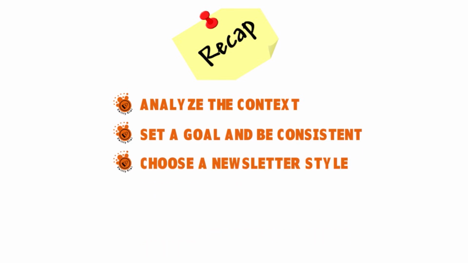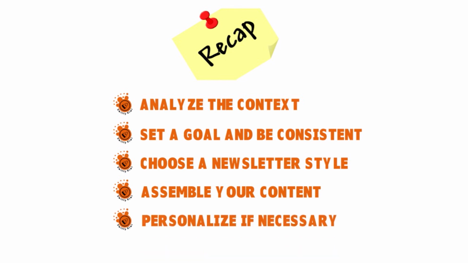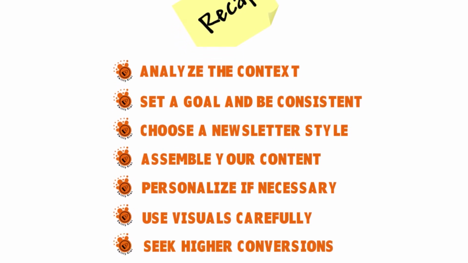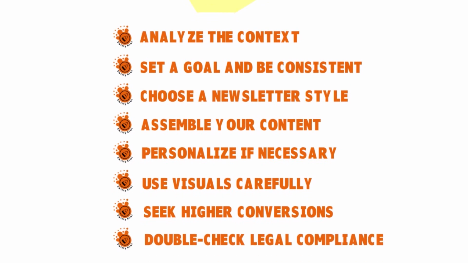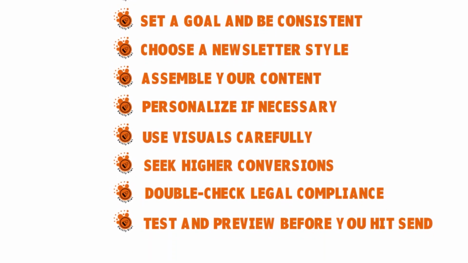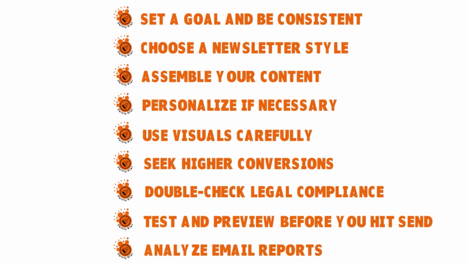Choose a newsletter style. Assemble your content. Personalize if necessary. Use visuals carefully. Seek higher conversions. Double check legal compliance. Test and preview before you hit send. Analyze email reports.